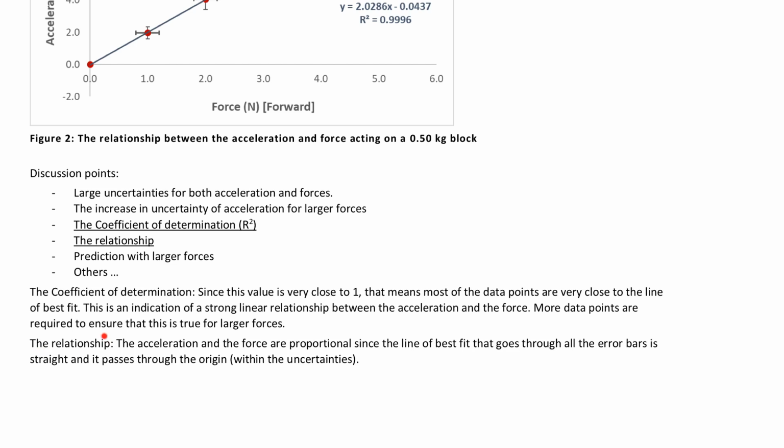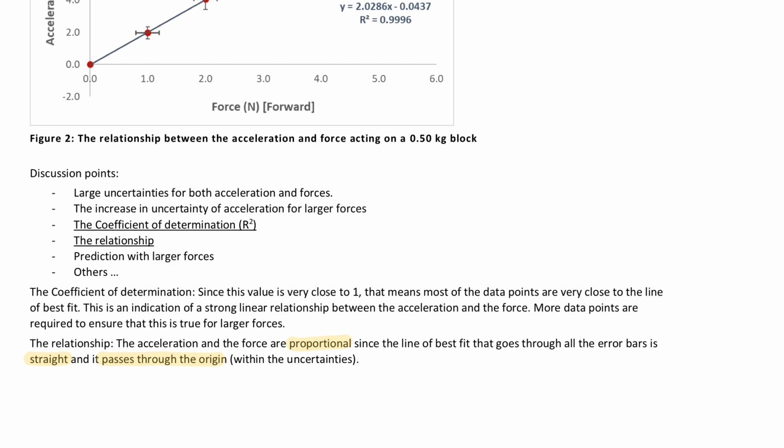The relationship itself, you can see that the acceleration and force are proportional, and we've done this before. For a relationship to be proportional, it needs to satisfy two ideas. One is that the line of best fit that goes through all the error bars is straight, and it passes through the origin.